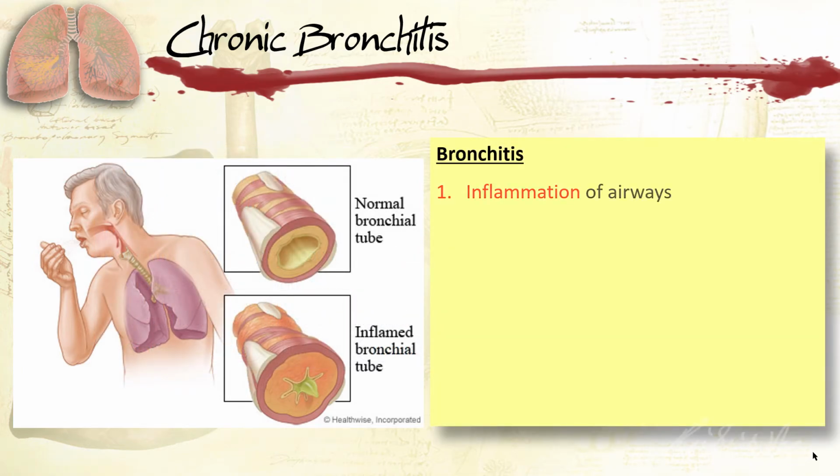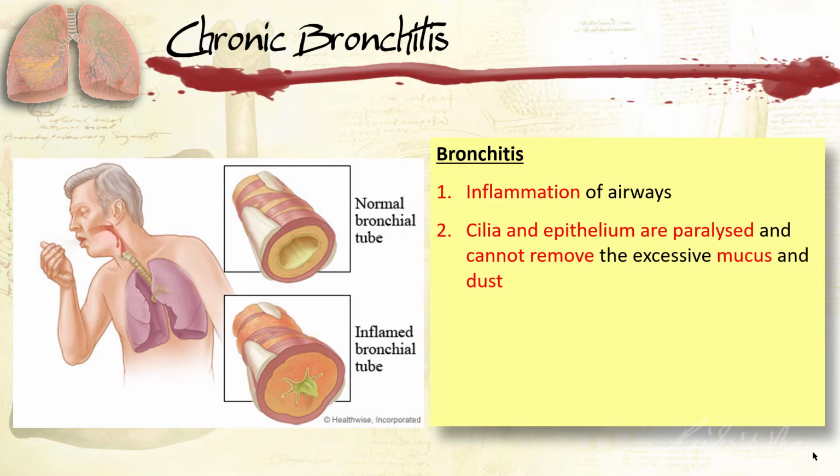So bronchitis is the inflammation of our airway, surprise, surprise, inflammation. The cilia lining our epithelium are paralyzed and cannot remove the excessive mucus and dust. So when there's a lot of mucus stuck in our airway, our bronchi will be blocked, making it very difficult for us to breathe.